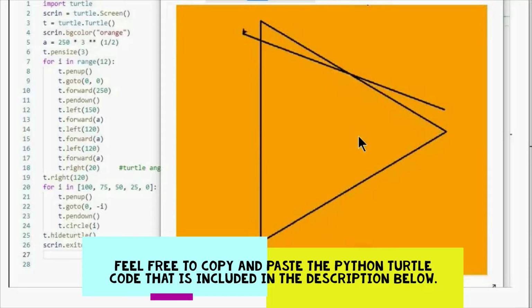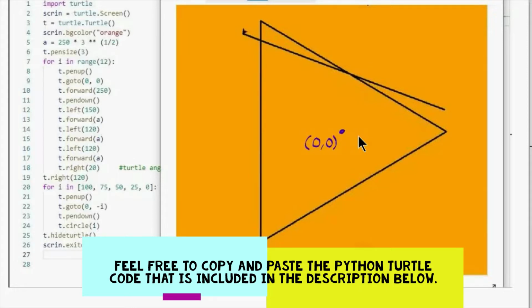The point of rotation of the triangle here is right here. This is the centroid of the triangle, and this is on 0, 0 of the Python graphics plane.